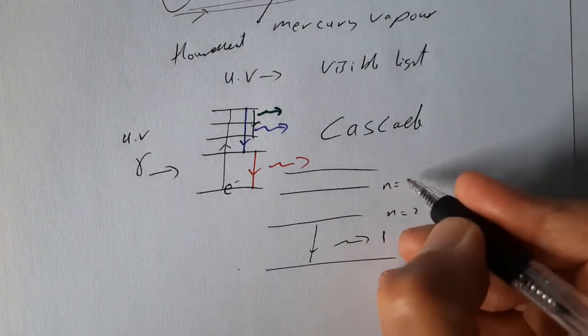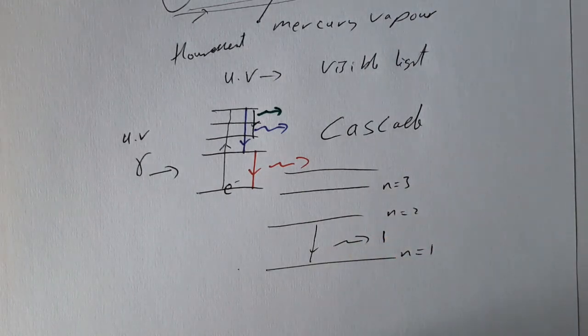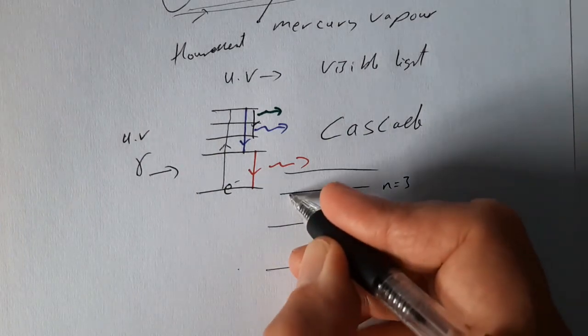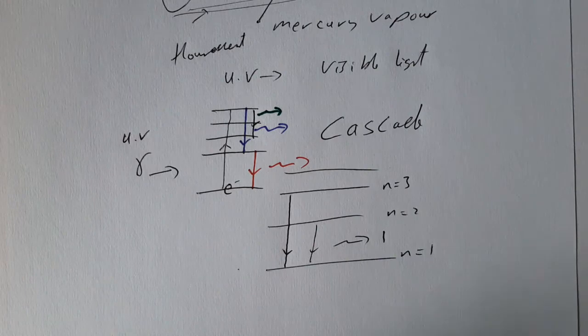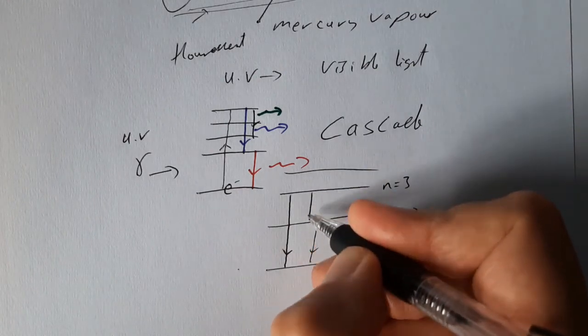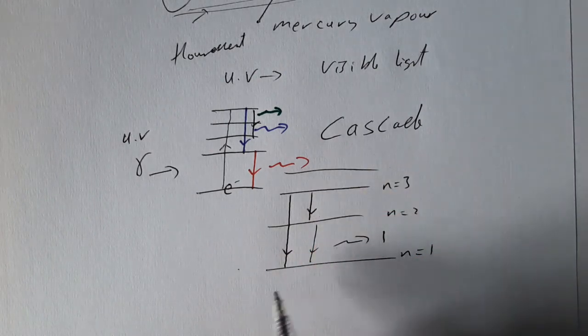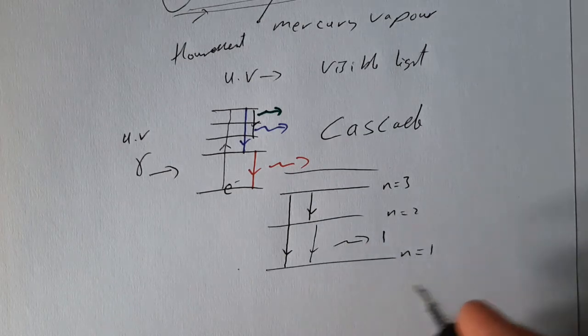However, if we go to n equals 3, there are now 3 options. We can go all the way from n equals 3 to n equals 1, but we could go from n equals 3 to n equals 2, and then n equals 2 to n equals 1. So that would now mean we have 3 possible energies of photon.